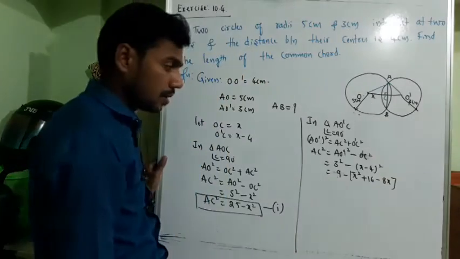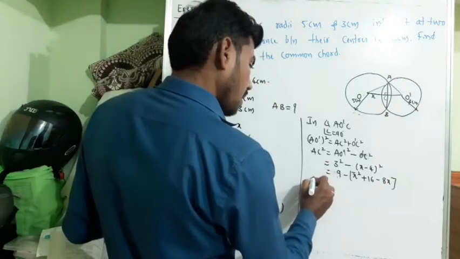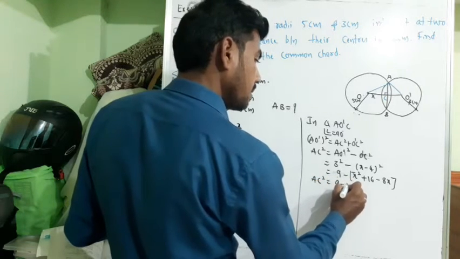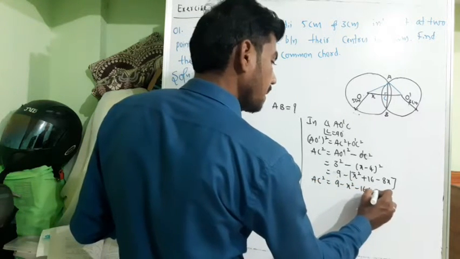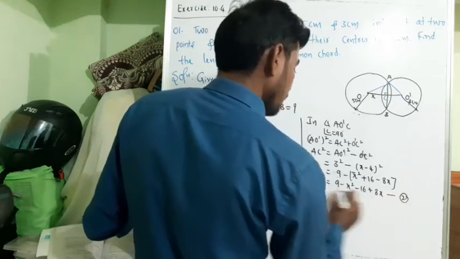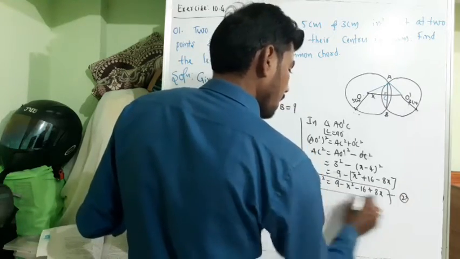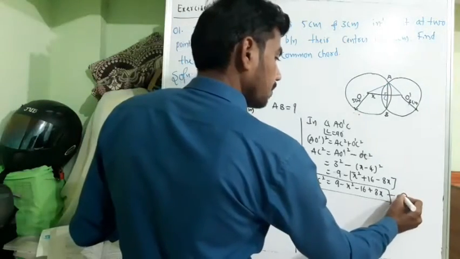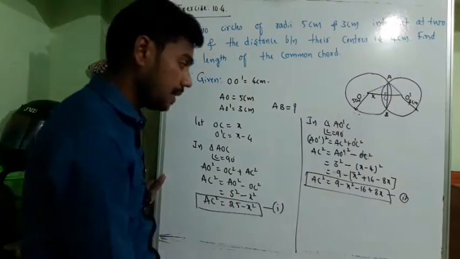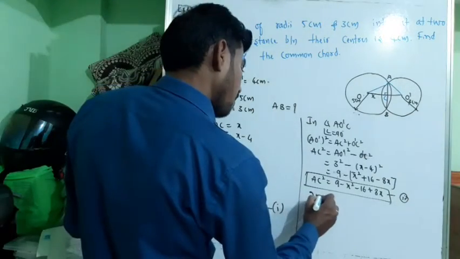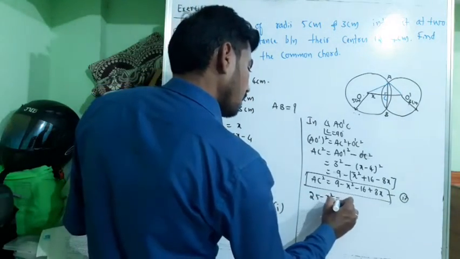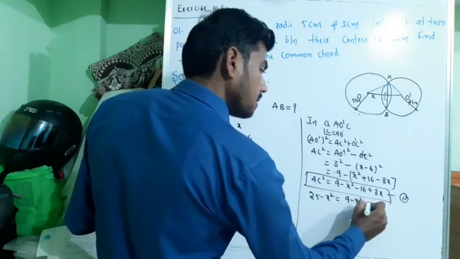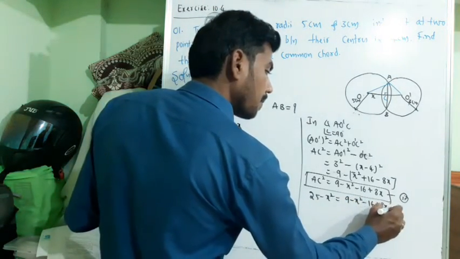Now AC square is equal to 9 minus X square minus 16 plus 8X. We'll call it equation number 2. We'll compare the two equations. What we get is 25 minus X square is equal to 9 minus X square minus 16 plus 8X.